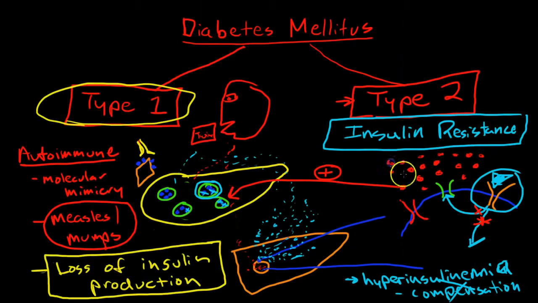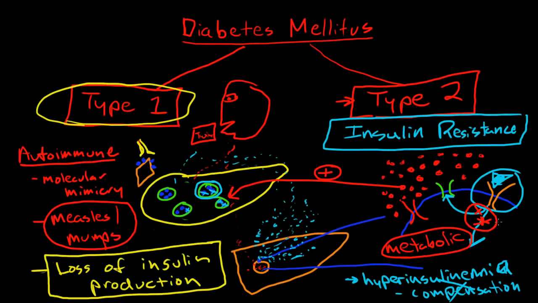Now, the problem is this will continue to get worse and worse and worse unless we correct the underlying problem, which is metabolic syndrome. We need to lose weight and change our lifestyle, right? If we don't lose weight and change our lifestyle, we're still going to be interfering with the second messenger system that is the underlying cause for type 2 diabetes, and the disease will continue to progress.